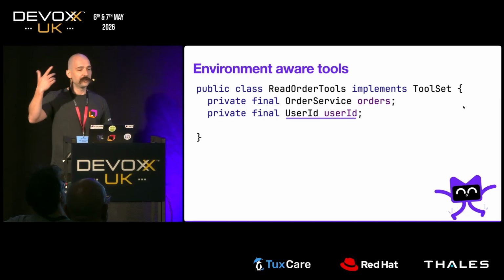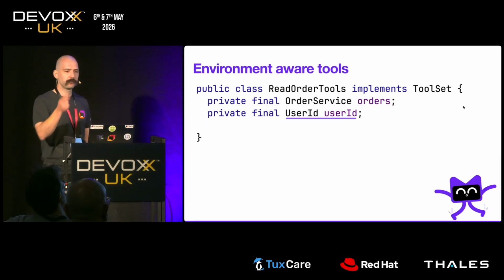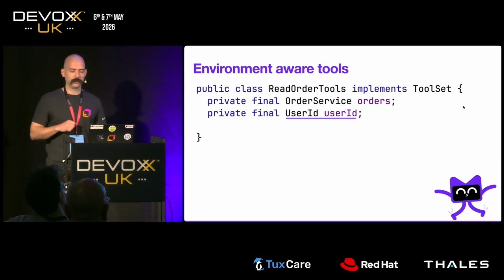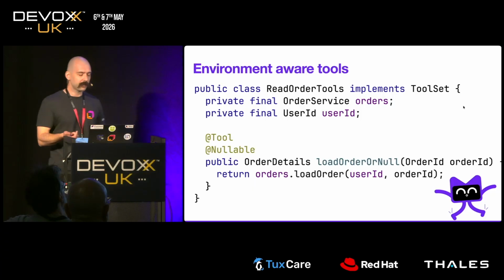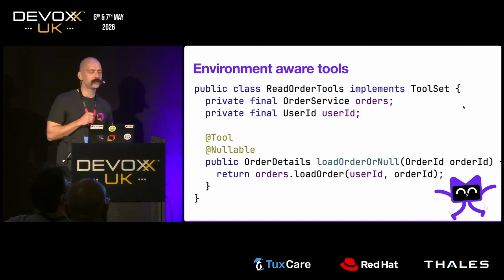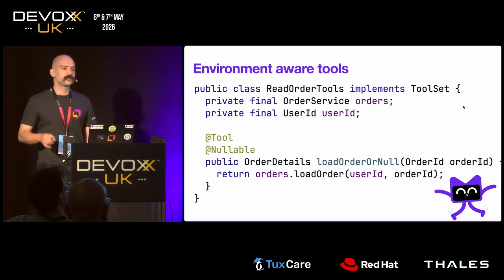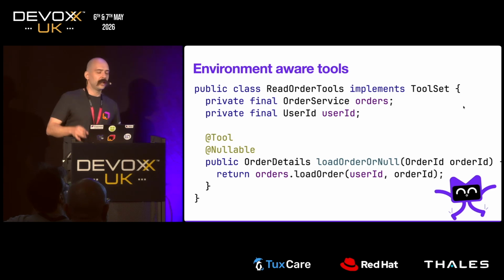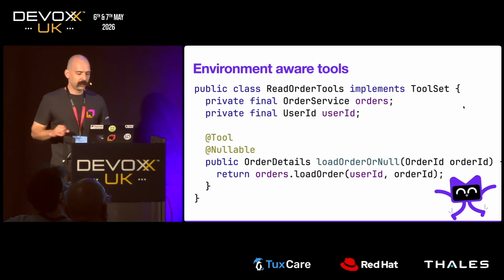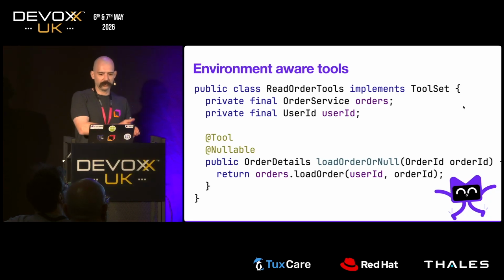In this case, it wraps the existing order service, and we also inject the user ID. And this way we can make sure that if you expose a load order function to the agent, it can only load orders for the user that is using the agent, right? So by injecting the user ID and hard coding it in the load order function of our order service, we now guarantee that it will only load orders that are of the user we want it to load.